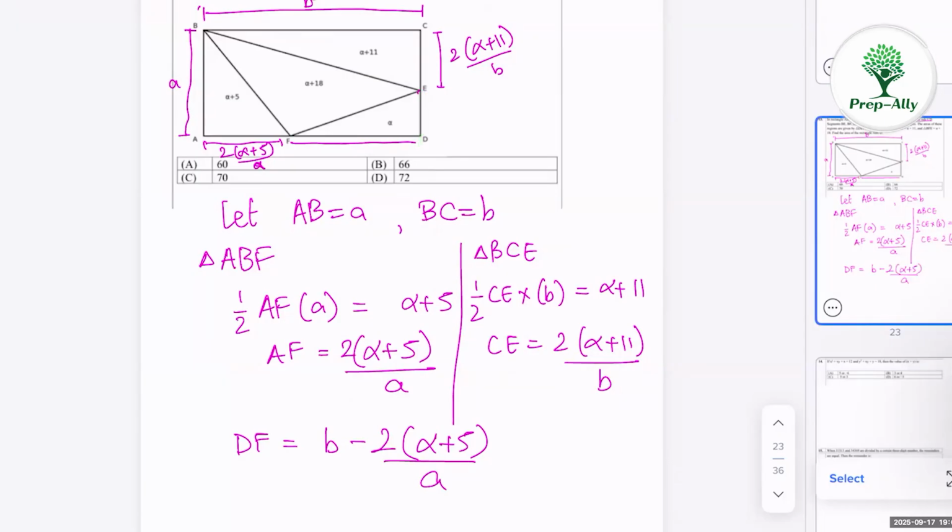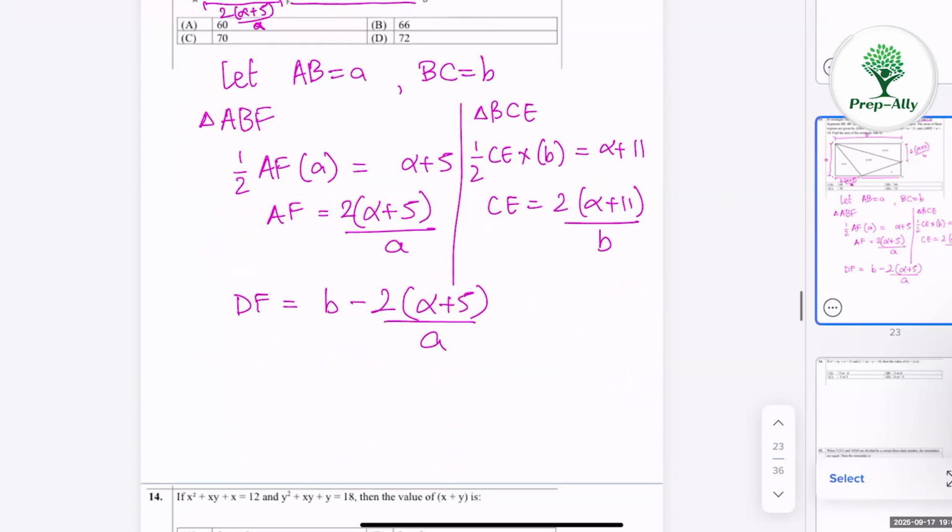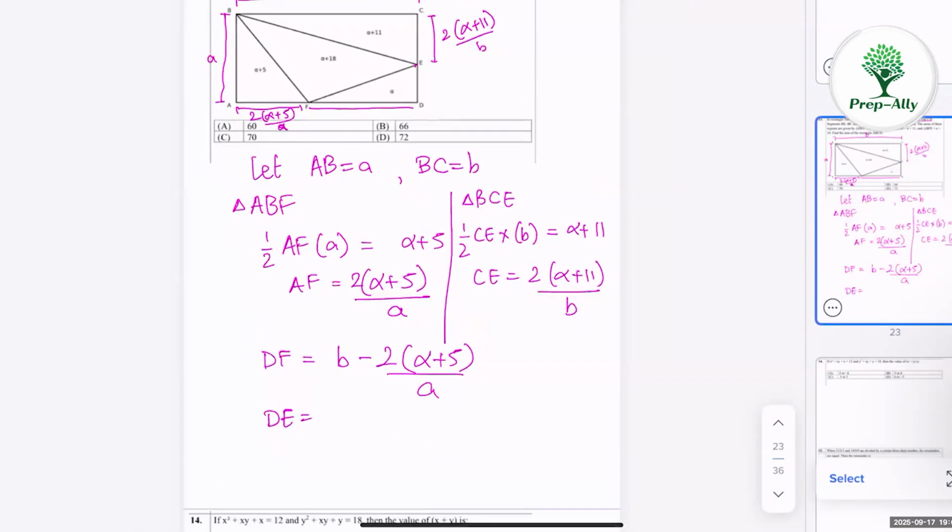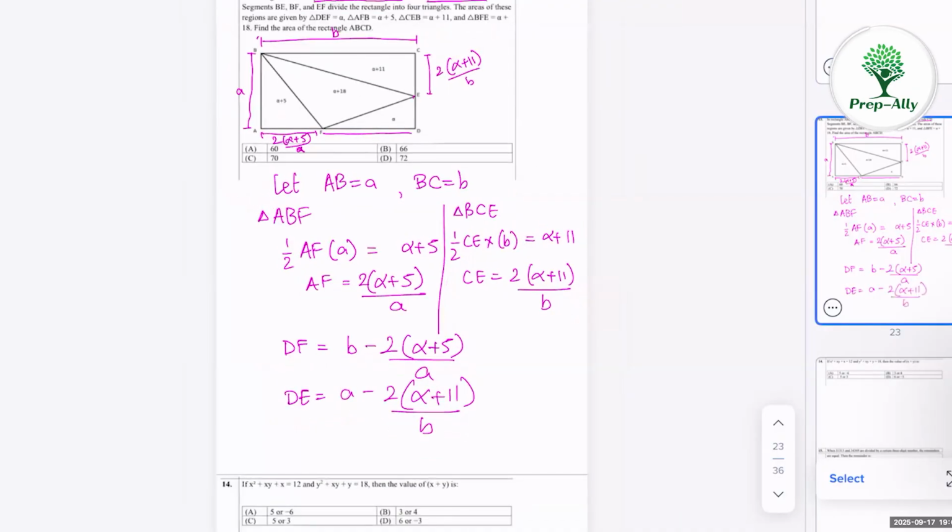This length is nothing but this minus this, a minus 2 times alpha plus 11 by b. So DE equals a minus 2 times alpha plus 11 by b, right?